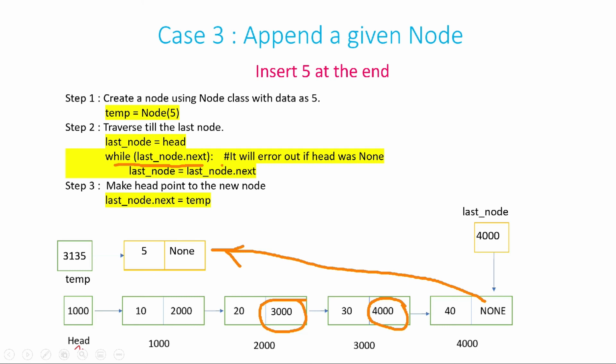In that case, your program will error out because head is none and you are trying to access next of it, like head dot next. So this is about the corner case. Therefore, before writing this loop, you should check that head is not none. If it is none, you should simply assign temp to head. Nothing else you need to do.